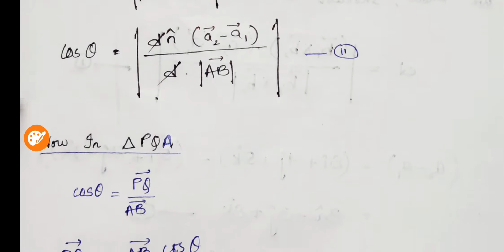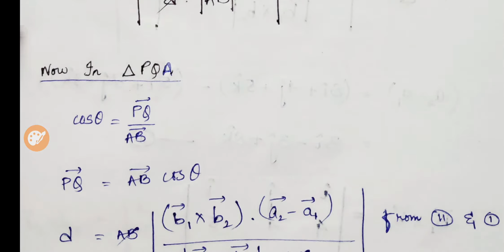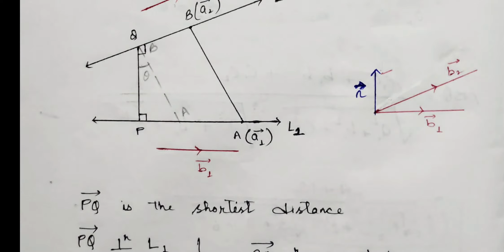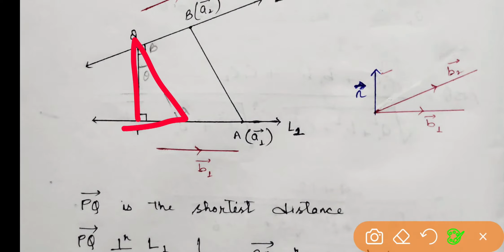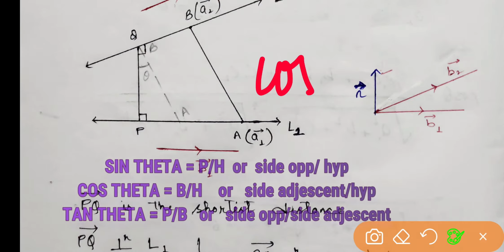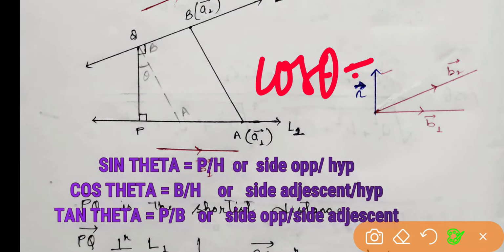Now focus on this, what I'm saying. In triangle PQA, what is cos theta? Side adjacent by hypotenuse.